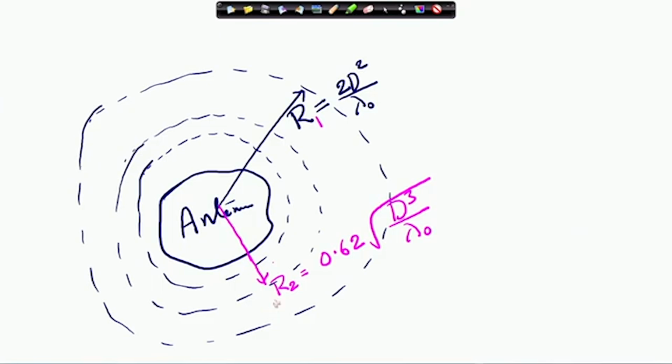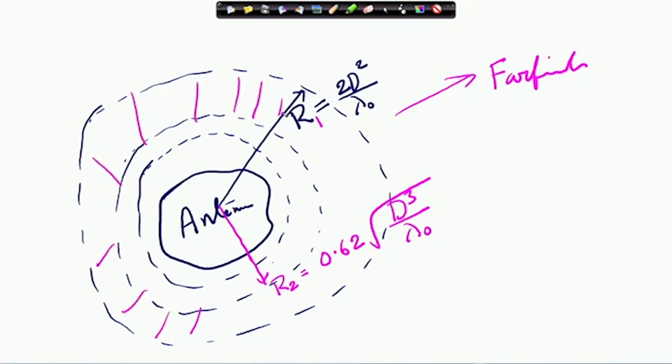So, beyond this is the far field, and this region is called the Fresnel region, or also the radiative near field region.